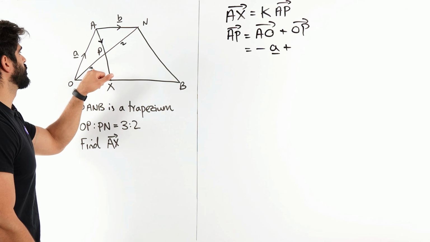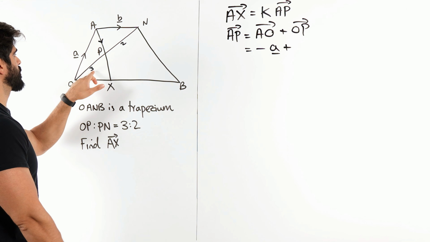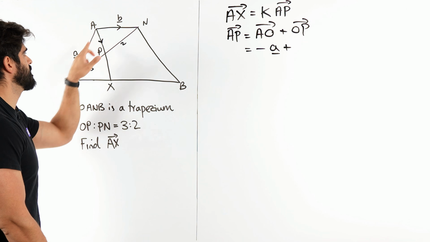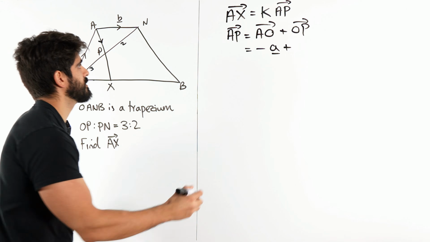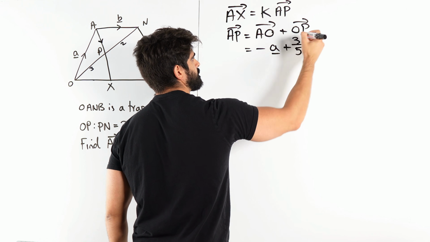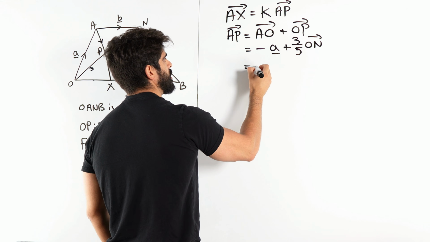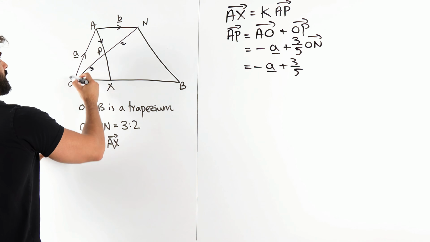Now here's an interesting one. OP is 3 parts out of 5 of ON. Okay? So OP is 3 parts out of 5 of ON. And we know what ON is. A plus B.